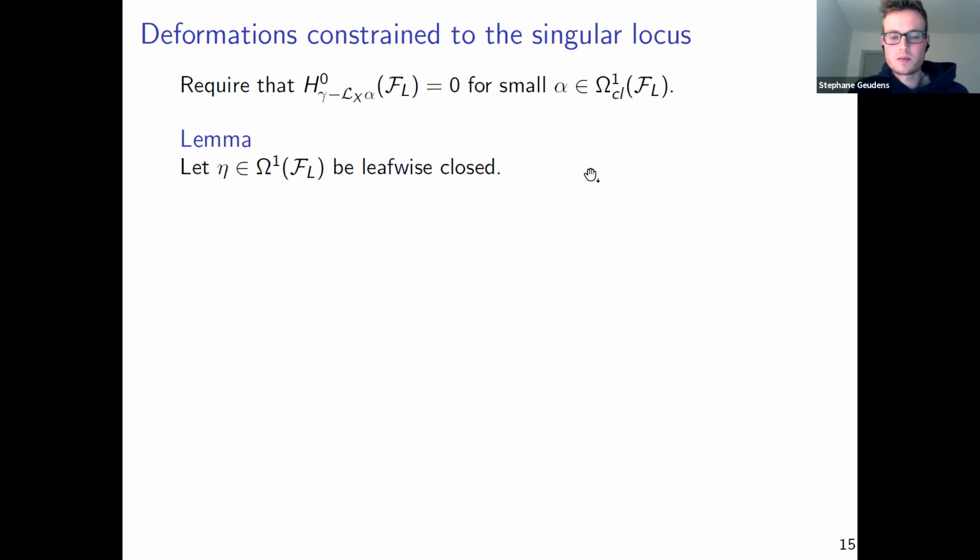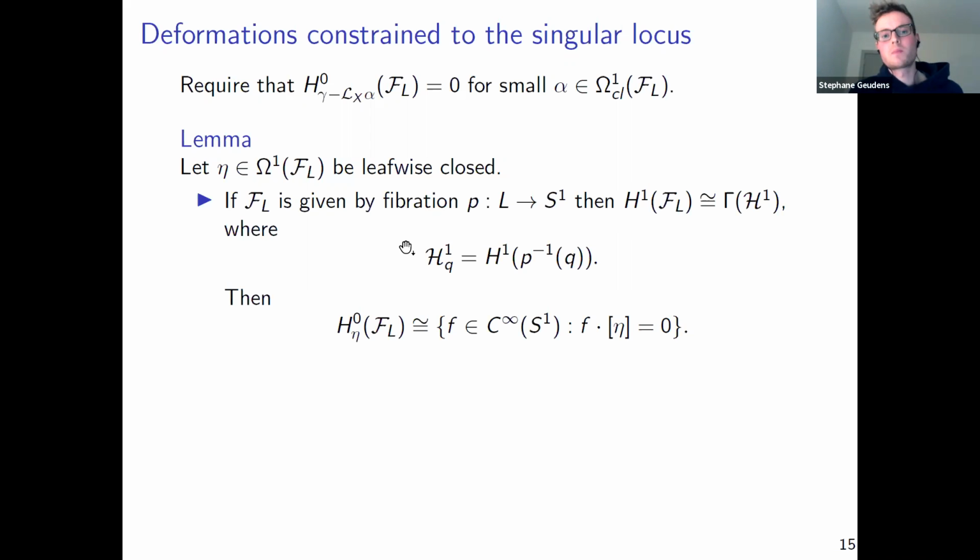So if eta is any leafwise closed one form, then let's first look at the case where the foliation is a fibration. Then there is a vector bundle, which I denote by curly H1. It's a vector bundle over S1, and the fiber over a point q is H1 of that leaf, H1 of that fiber of the fibration. And the first foliated cohomology is isomorphic with sections of this vector bundle.